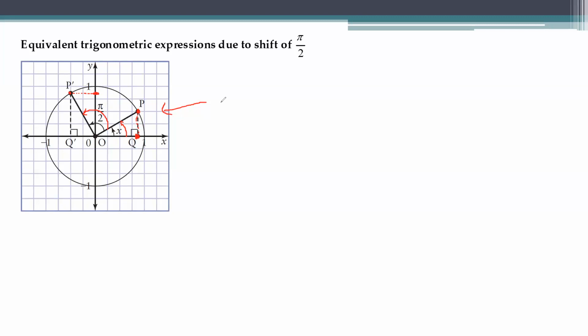So basically what they tell us is that cosine x in this case equals sine of x plus pi over 2.